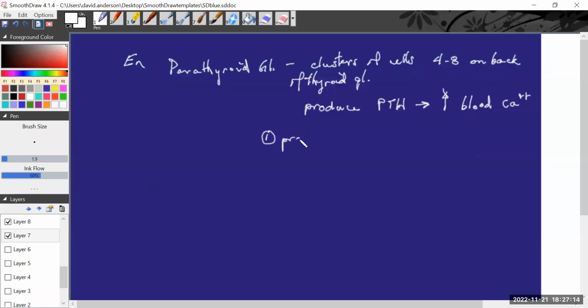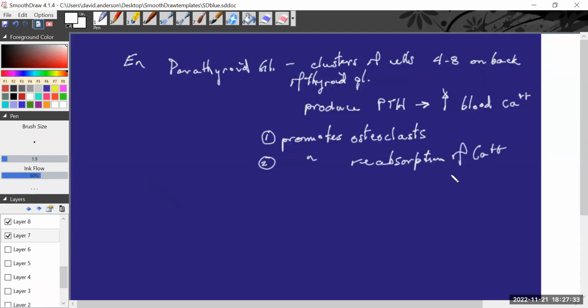It promotes osteoclast activity, promotes reabsorption of calcium at the kidney, stimulates production of vitamin D from pre-vitamin D. Where was pre-vitamin D produced?